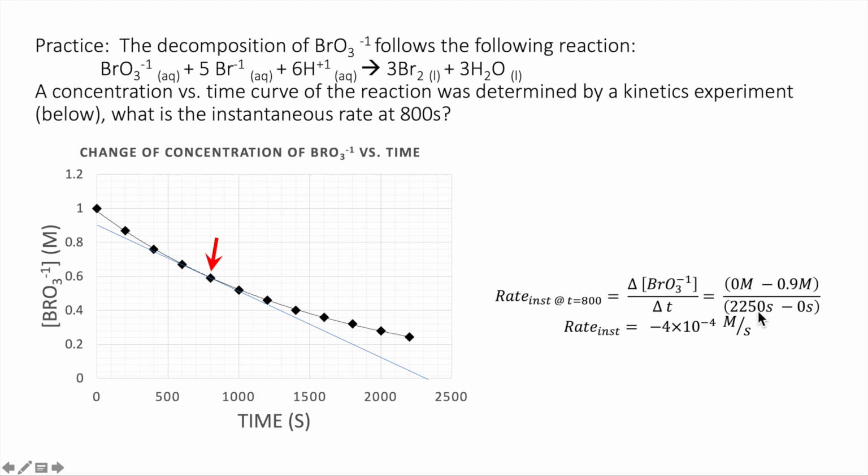I drew it from edge of the graph to the edge of the graph to make things a little easier. The concentration goes from roughly 0.9 all the way down to 0, and the time, I'm estimating about 2,250 all the way up to 0 seconds. So I'm getting a change of about 4 times 10 to the negative 4th molarity per second. So at 800 seconds, this is how quickly the concentration is changing.